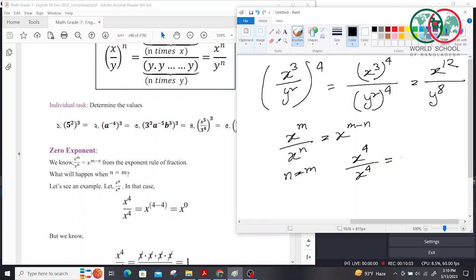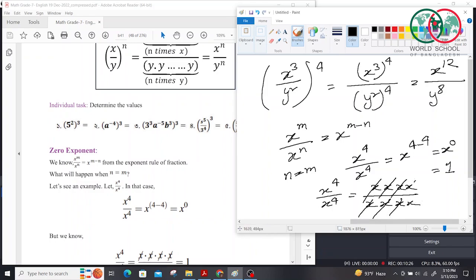The answer will be x to the power 4 minus 4, equal to x to the power 0, and anything to the power 0 is 1. We can also prove this: x to the power 4 divided by x to the power 4 is x into x into x into x divided by x into x into x into x. After cancelling, what are we left with? 1.